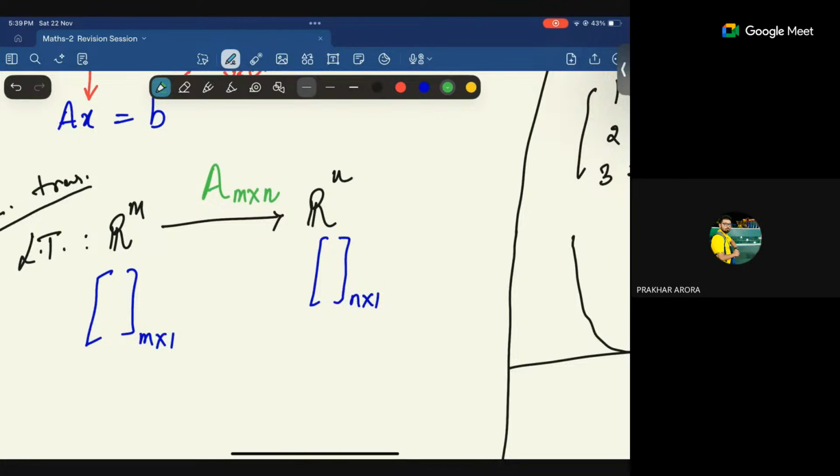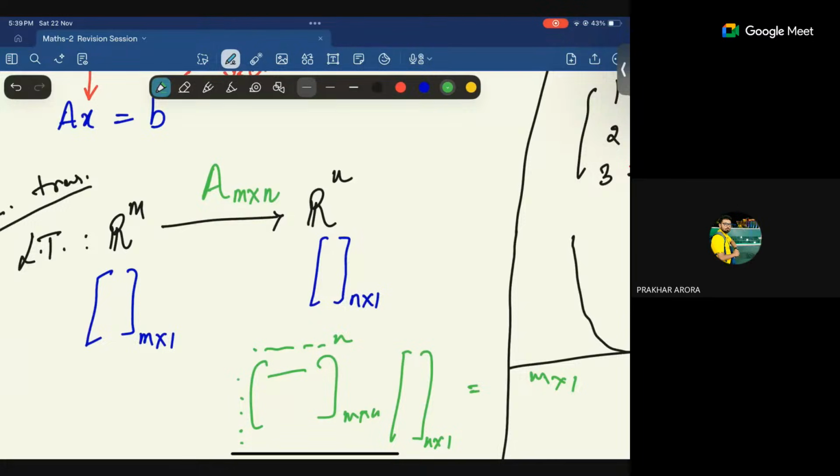Just a second, let me quickly check that this order is right. This is m cross n, so this is m, this is n, this is n cross 1, and this will be m cross 1.